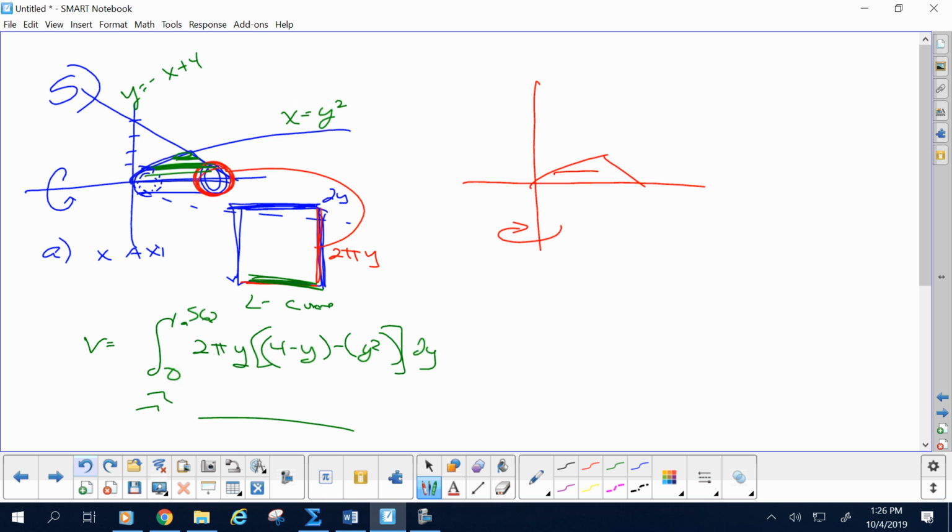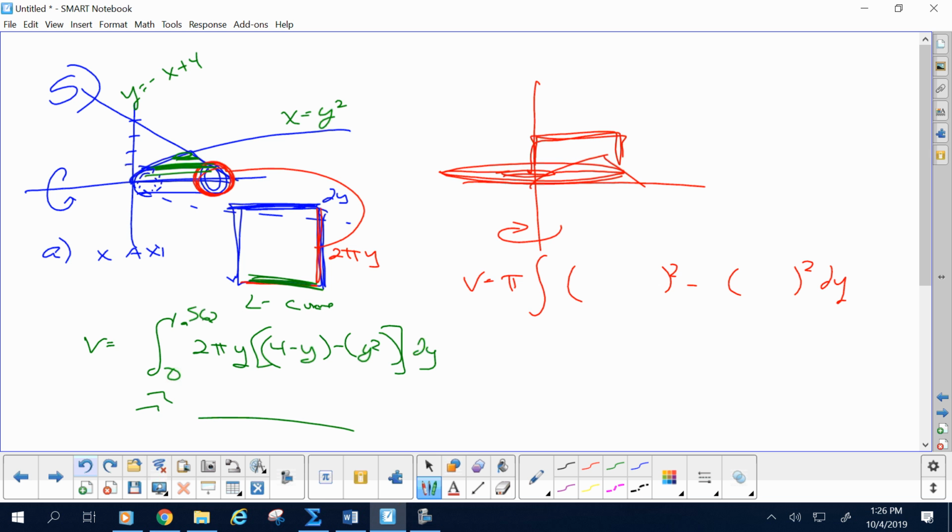So if I use a y slicer on the y-axis, then that's a washer, right? So volume is pi, not 2 pi, pi, big R squared minus little r squared dy. What's big R? Big R is this distance here. So that's the distance to the line or to the curve?